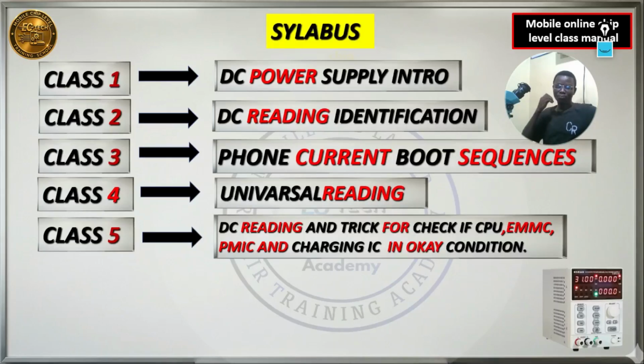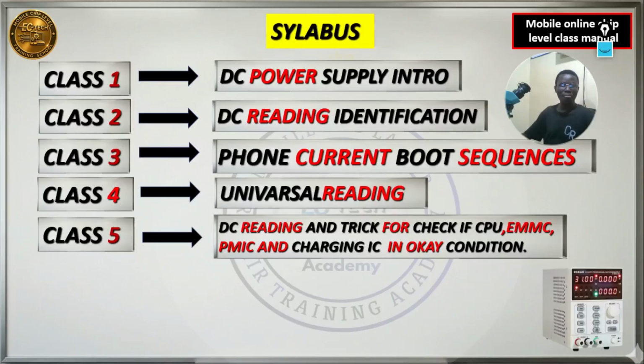To know whether it is the CPU that is not communicating, the eMMC that is faulty, or the PMIC, I will tell you the troubleshooting step: what things you have to test to identify if any one of these is faulty. We call it a pro trick.